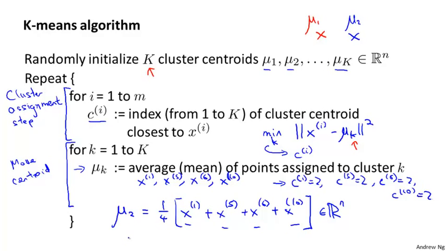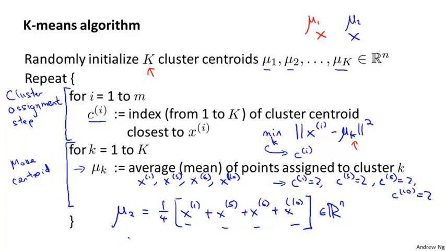One thing that I've sometimes been asked is, here we said let mu k be the average of the points assigned to that cluster, but what if there's a cluster centroid with 0 points assigned to it? In that case, the more common thing to do is to just eliminate that cluster centroid, and if you do that, you end up with k-1 clusters instead of k clusters.